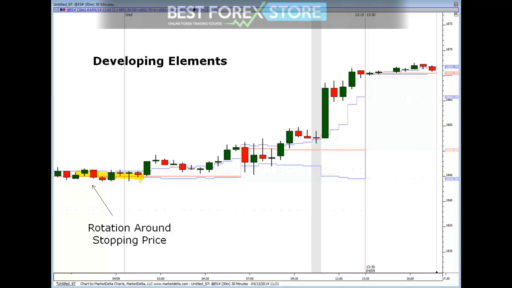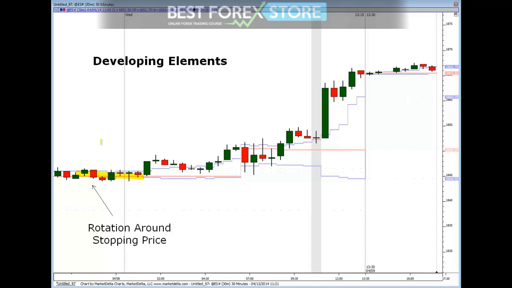Now see, when I see the elements developing, actually they are of more use to me than when all is said and done and I'm only looking at one level, because this way I can track and follow what's going on in the market as it happens. I don't have to wait until the end of the day to see where in fact the value area low and the value area high were. I see them develop before my eyes on the chart.